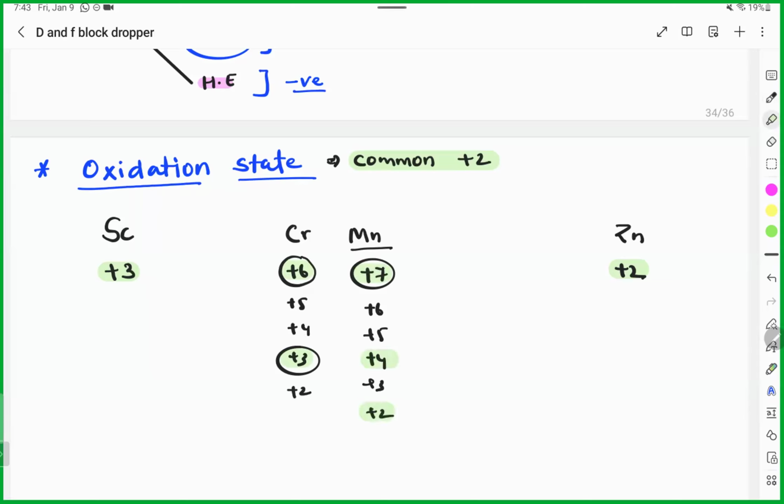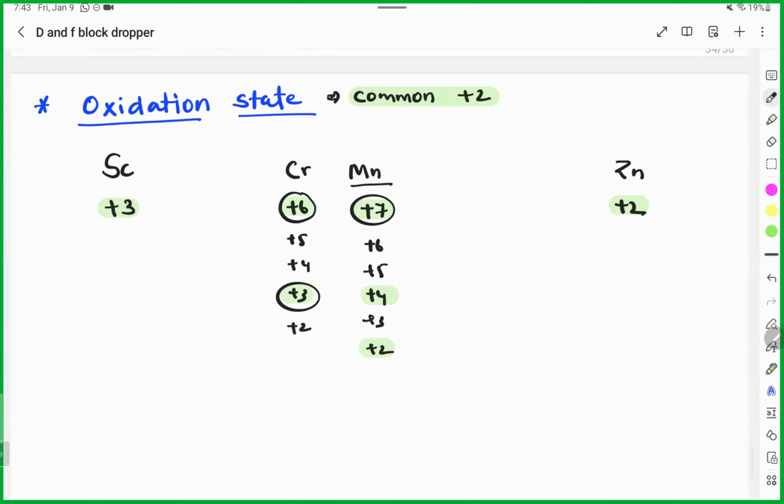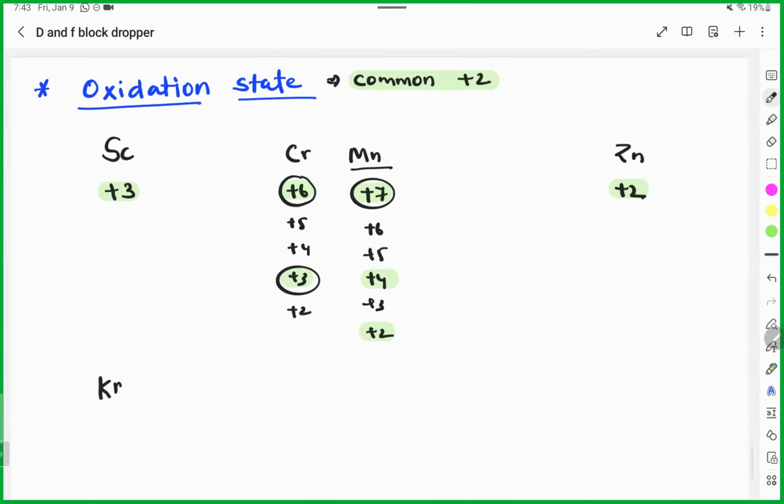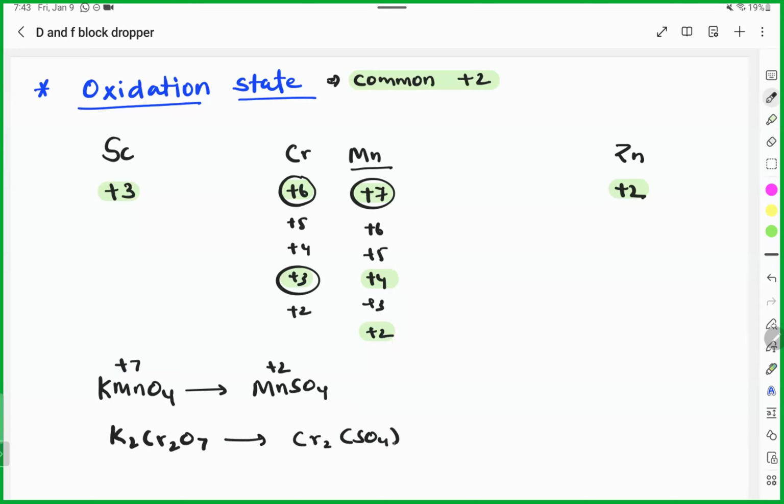These three are popular. For example, in KMnO4, it converts from KMnO4 to MnSO4, so it is converting from +7 to +2. K2Cr2O7 converts from +6 to +3. Through this you will get an idea of what the stable oxidation states are.